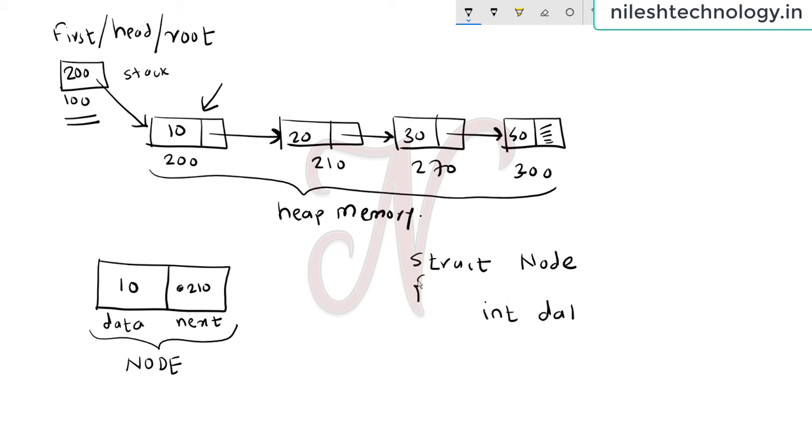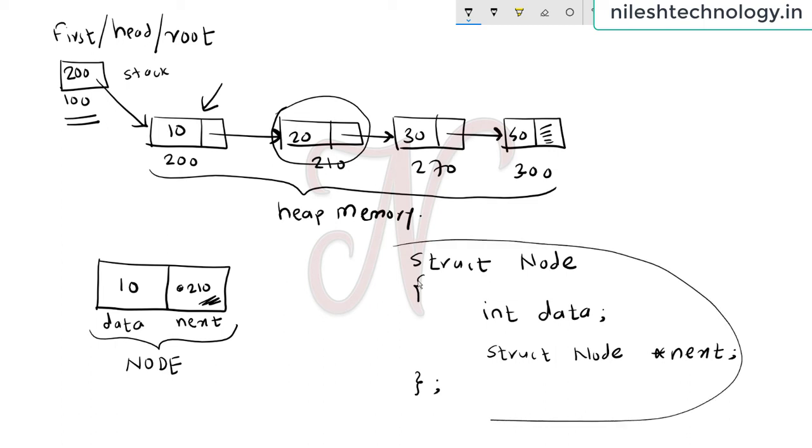One is the integer data member, and the other is the address of the next node: struct node and my pointer name is next. A pointer can store the address of another variable. Here we close the structure with a semicolon. This is the structure of a singly linked list.